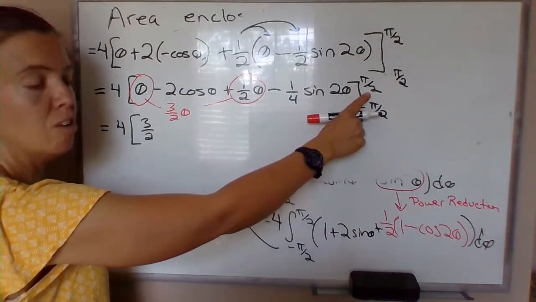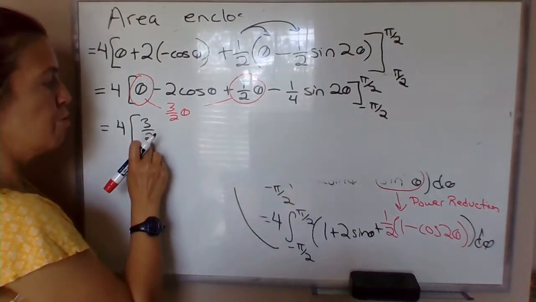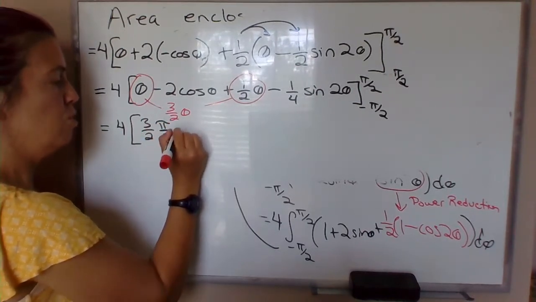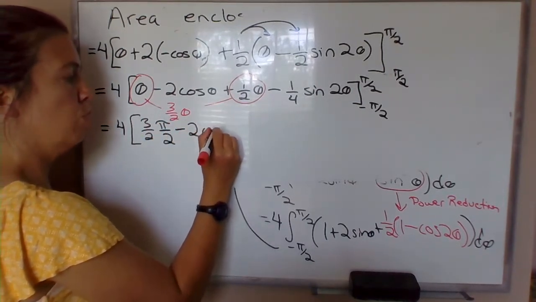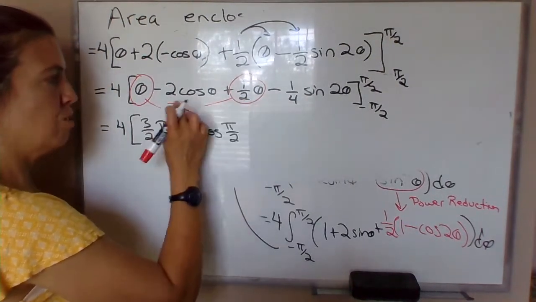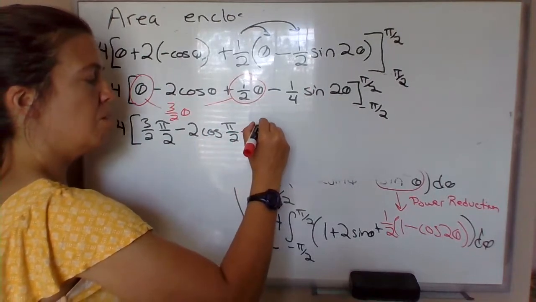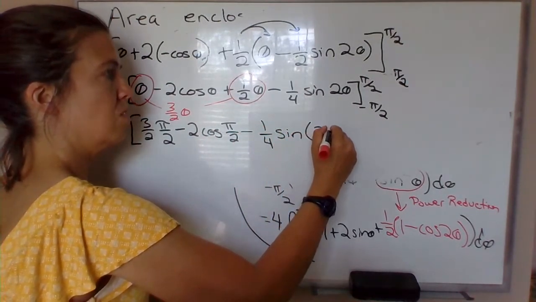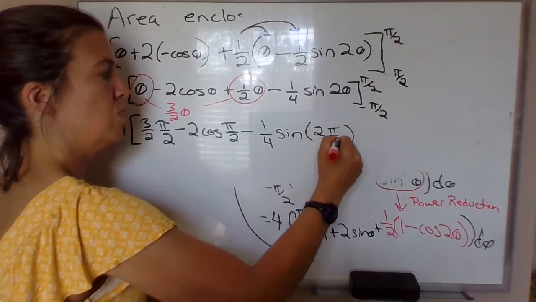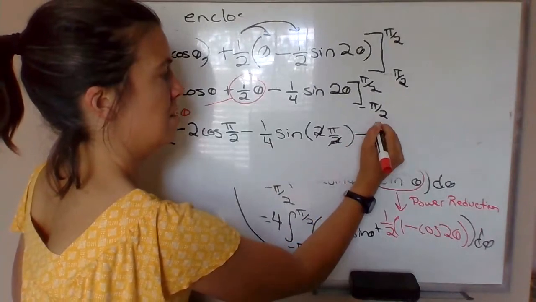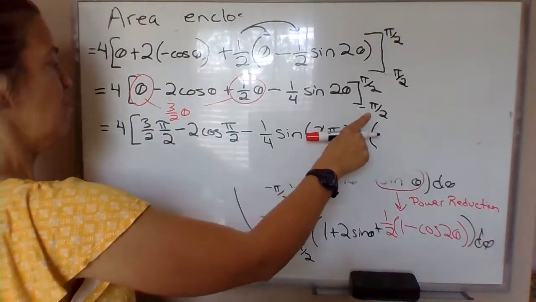So the upper limit is pi over 2. So 3/2 times theta, which now I'm going to substitute pi over 2, minus 2 cosine of theta. These were combined, so I don't need to write this 1/2 theta, minus 1/4 sine of 2 theta. So that's 2 times pi over 2. So that's going to be pi. Minus, now plug in negative pi over 2.